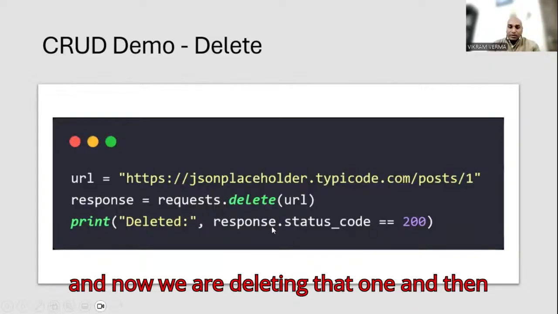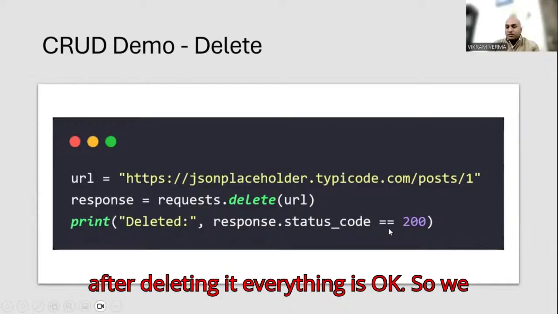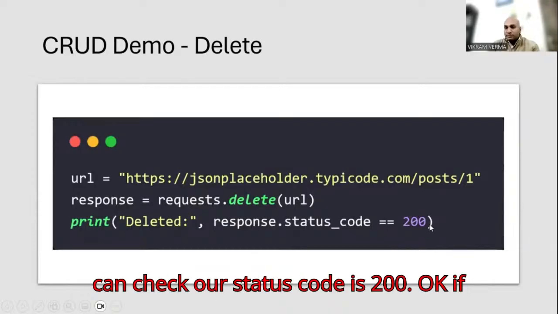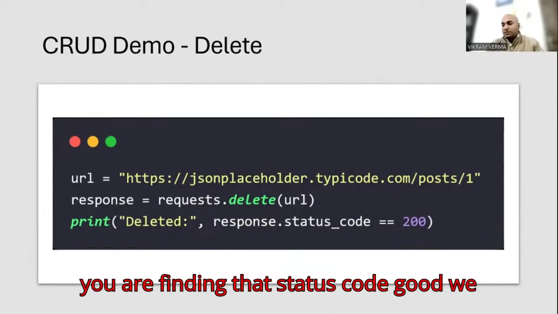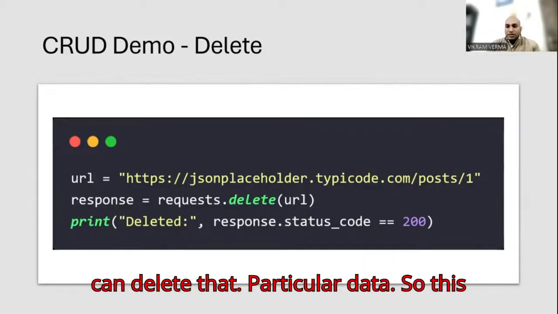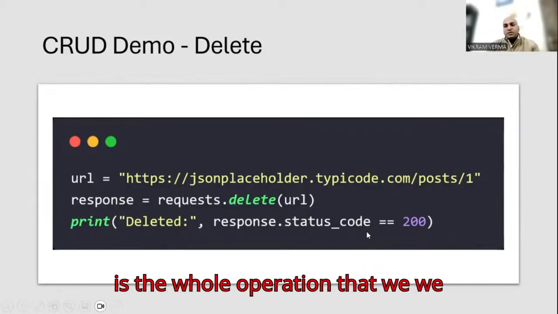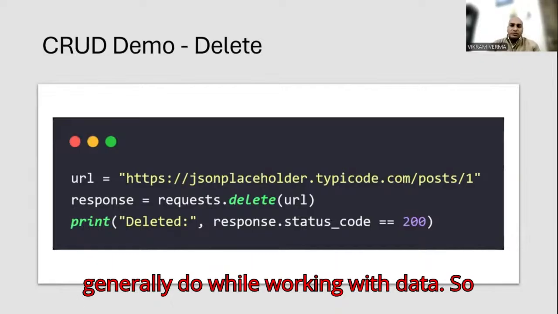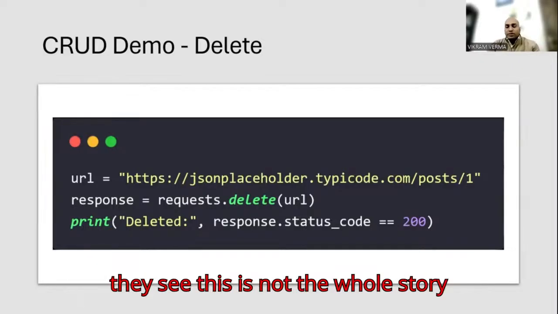After deleting, if everything is okay, we can check that our status code is 200. If we find that status code, good. We can delete that particular data. So this is the whole operation that we generally do while working with data.